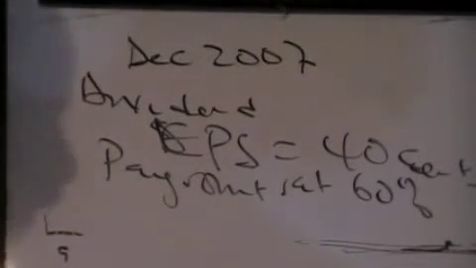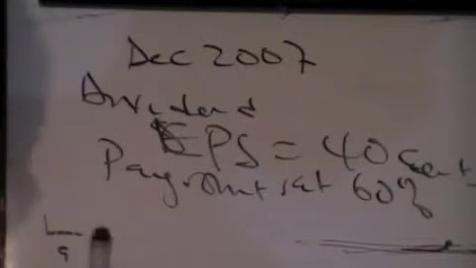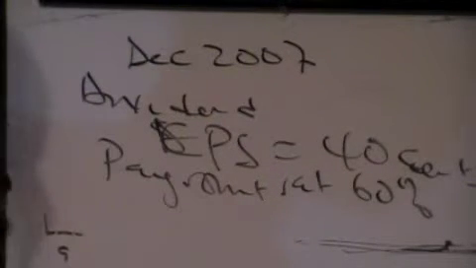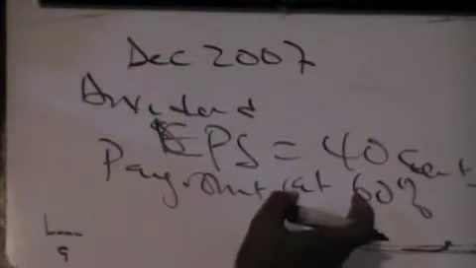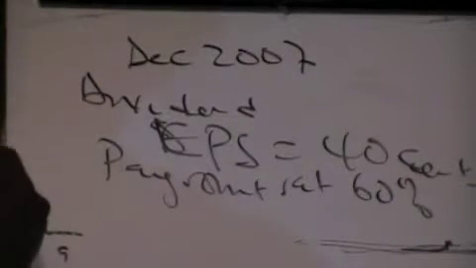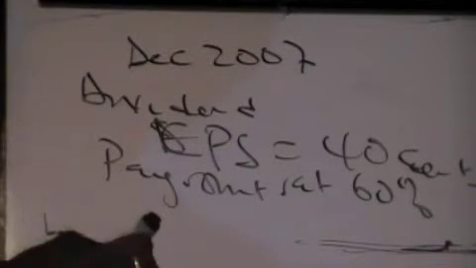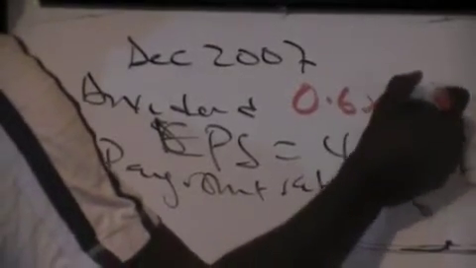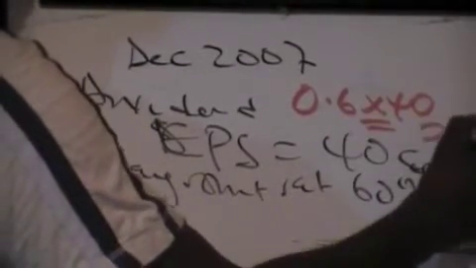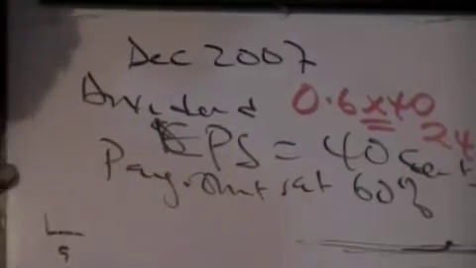It means that 60% of the earnings has been paid out as dividend. So 60% of 40 cents, 0.6 multiplied by 40 cents, is equal to 24 cents that we have paid.